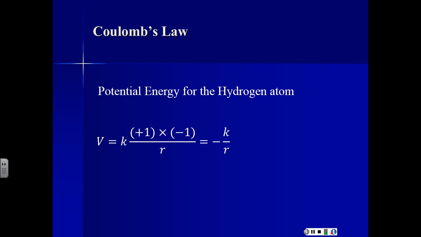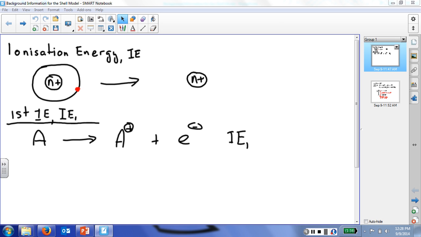Now we turn to ionization energy. The ionization energy, IE, is the amount of energy that is required to be supplied to an electron that would cause it to be removed from that atom. In other words, the energy required to move the electron in its shell around the nucleus to a distance that is infinitely far from the nucleus.